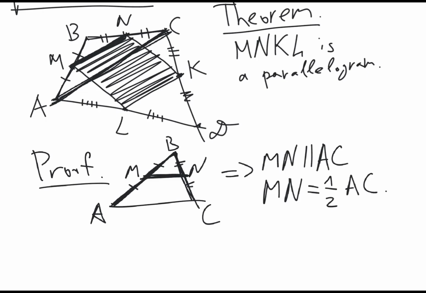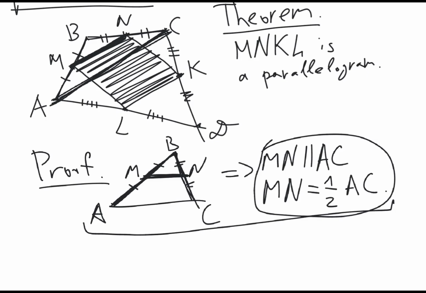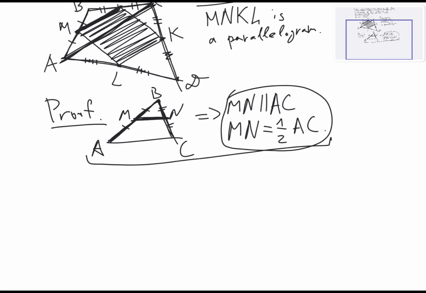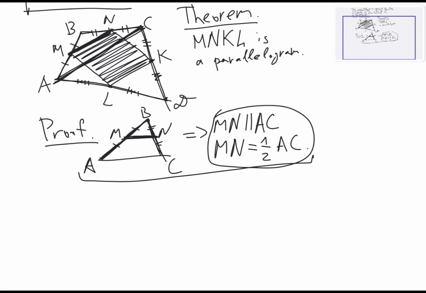But in any case, this is a pretty standard theorem. It's well known that these two properties hold. So similarly, we consider the triangle ACD, right? Let me draw it separately.